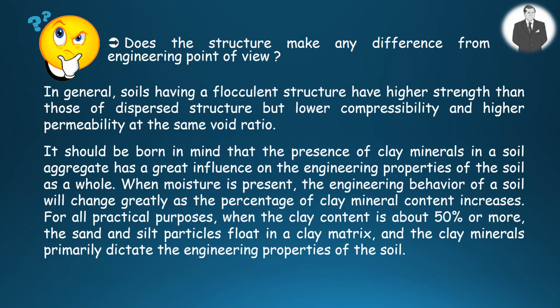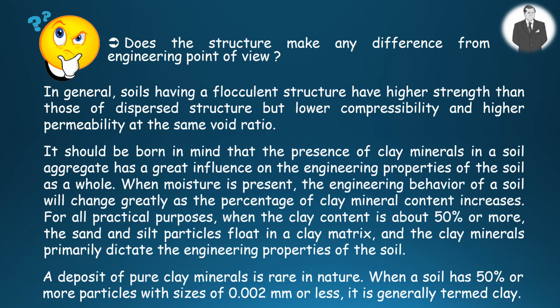When moisture is available, the engineering behavior of a soil will change greatly as the percentage of clay mineral content increases. For all practical aims, when the clay content is about 50% or more, the sand and silt, even gravel particles float in a clay matrix, and the clay minerals primarily dominate the engineering properties of soil.